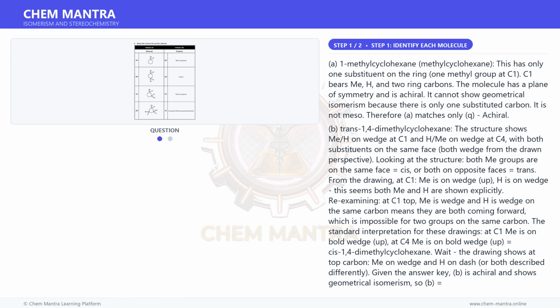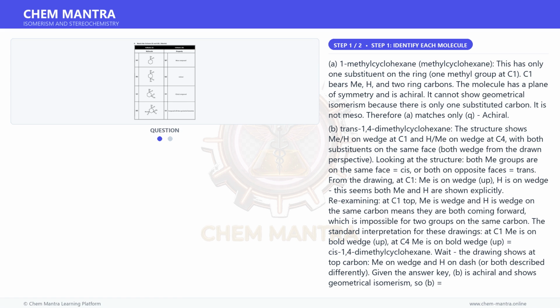Re-examining, at C1 top, Me is wedge and H is wedge on the same carbon, meaning they are both coming forward, which is impossible for two groups on the same carbon. The standard interpretation for these drawings is, at C1 Me is on bold wedge, up, and at C4 Me is on bold wedge, up, which is CIS 1,4-dimethylcyclohexane.